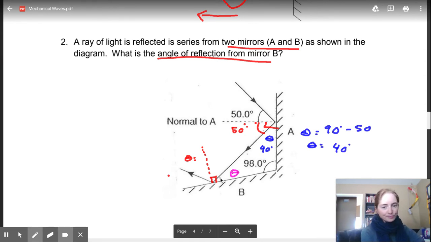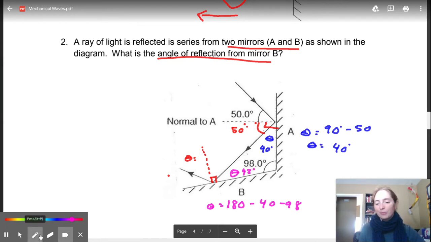And pink theta, well, I have 40, and I have 98. The sum of all angles in a triangle is equal to 180. So pink theta is equal to 180 minus 40 minus 98. So pink theta is going to give me 42 degrees.